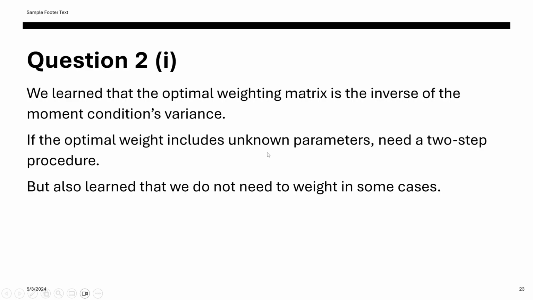So you have to estimate these parameters first, find a consistent estimator for them, then calculate the optimal weighting matrix, and then re-estimate the unknown parameters with the optimal weight. That is the two-step procedure for the optimal GMM method.